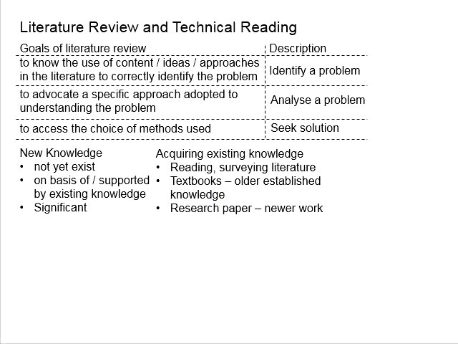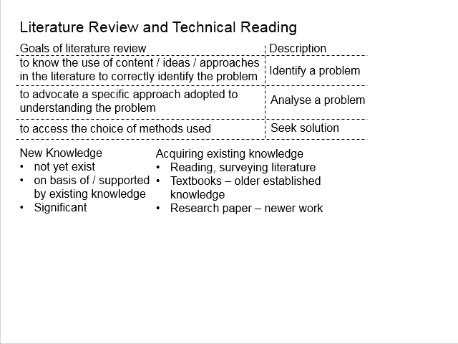There are slight differences between the textbook and the research paper. Normally, the textbook contains a lot of knowledge which is older and more established. Meanwhile, the research paper normally consists of newer works. If you are looking for the latest trend of the technology, you might want to look into the research paper.